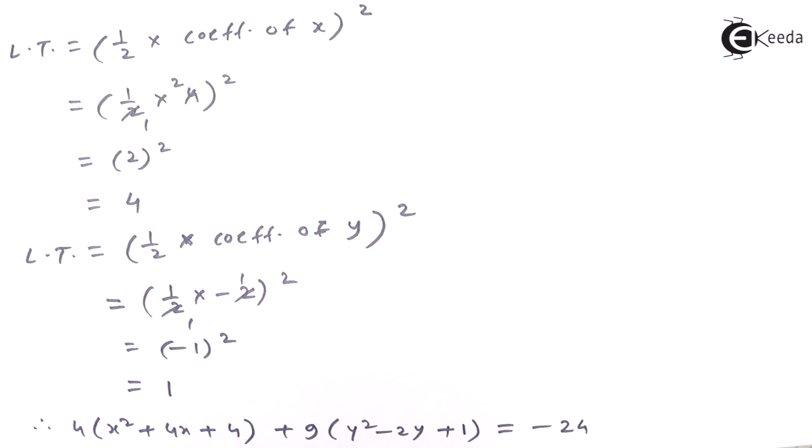Now here we actually added 4 into 4, that is 16, on the LHS, so we have to add plus 16 on the RHS also. Similarly, 9 into 1, we added plus 9 on the LHS, so we have plus 9 on the RHS also.